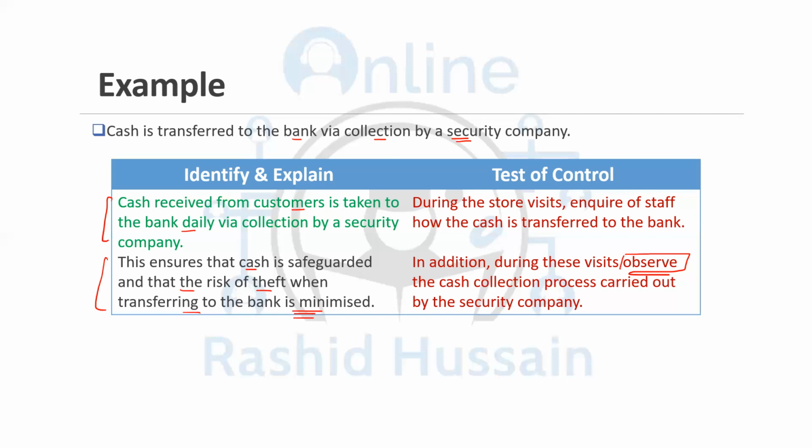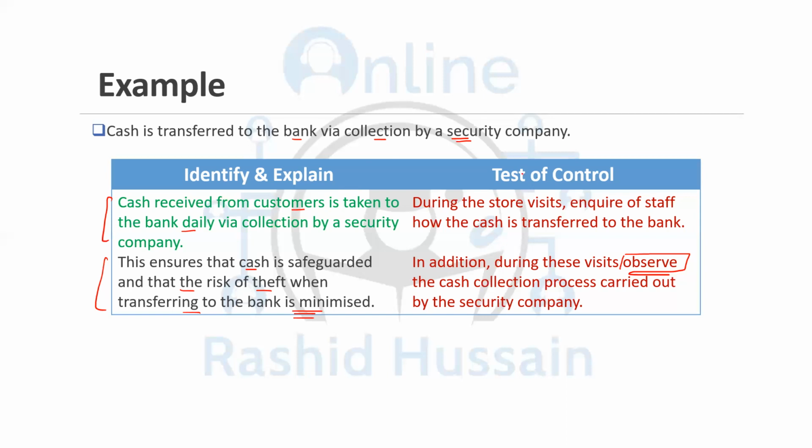So a test of control is checking the client's system, which they are claiming. They're claiming they're depositing the cash into the bank via a security company. So you can observe this process, or inquire from the employees how the cash is being deposited into the bank. If they say yes, the security company does so, then the system is effective.